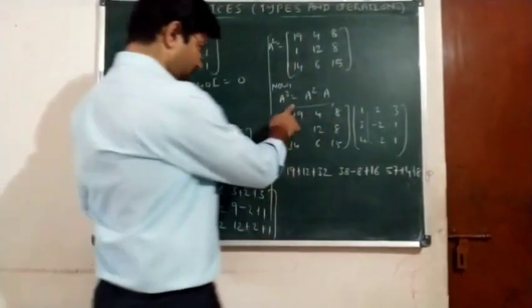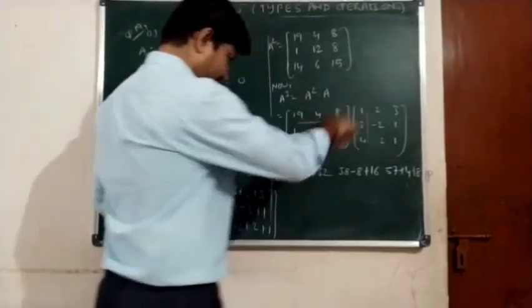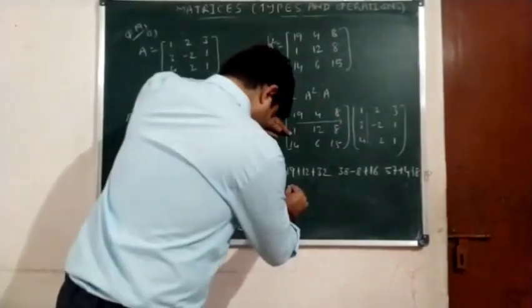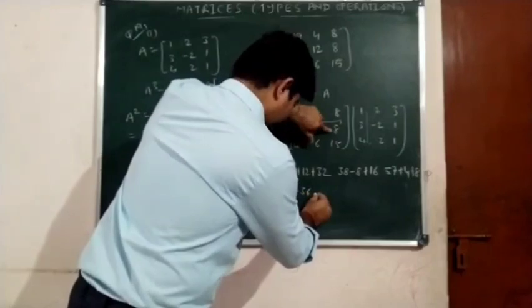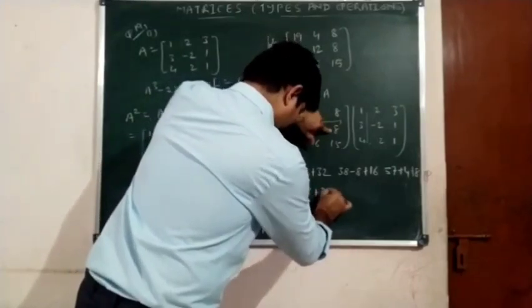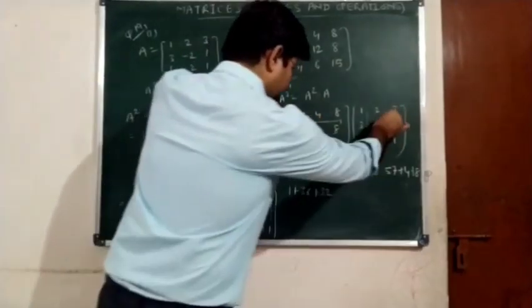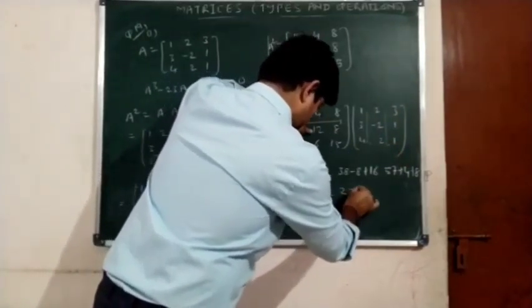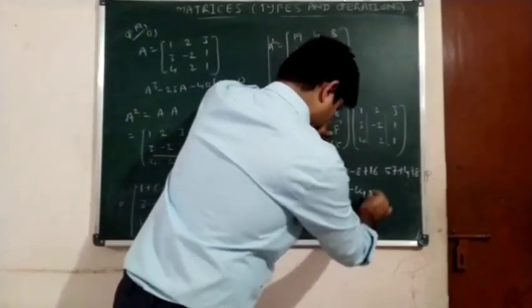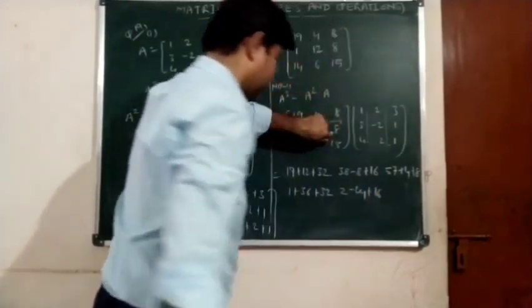Okay, now second row with first column. 1 ones are 1 plus 12 threes are 36 plus 8 fours are 32. Again with the second column. So 1 twos are 2 minus 24 plus 8 twos are 16.